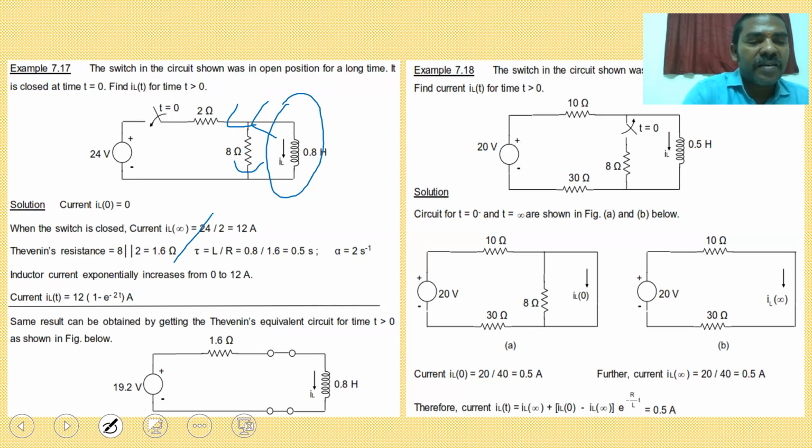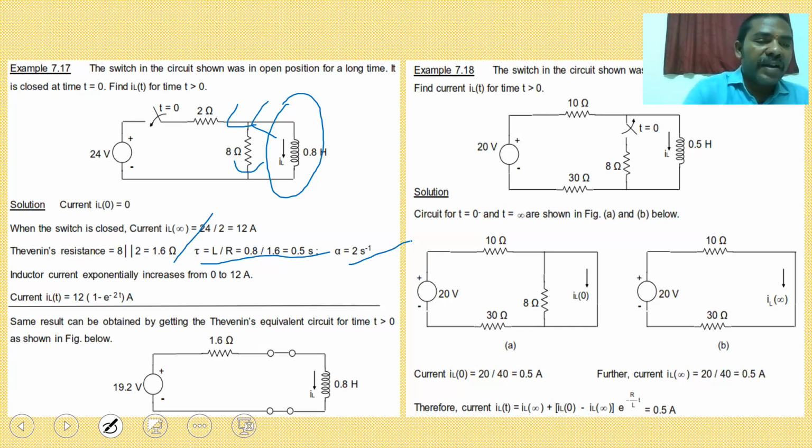At t is equal to 0 plus, immediately the switch is closed, the inductor will be open circuited. Now the time constant tau is equal to L by R, that is 0.8 divided by 1.6, so you get 0.5 seconds, or 1 by tau is 2 per second.